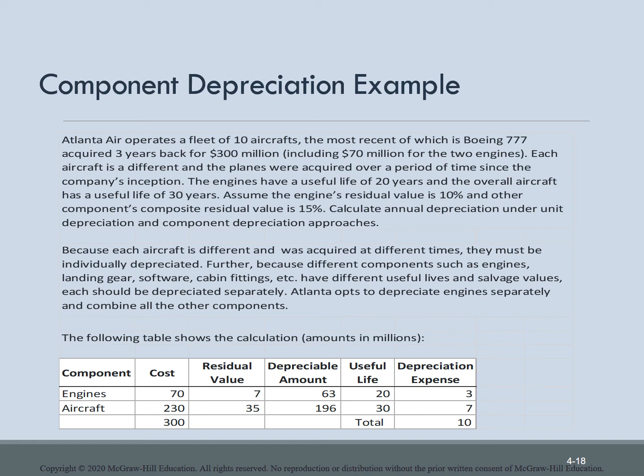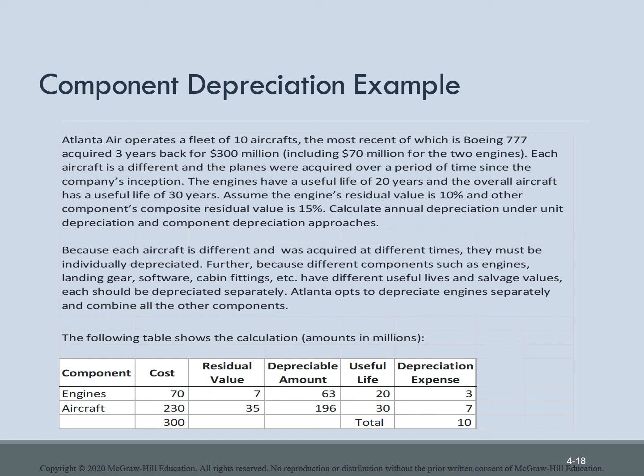The engines have a useful life of 20 years, and the overall aircraft has a useful life of 30 years. So we've got 2 significant components with different useful lives. Assume the engine's residual value is 10%, and the other component's residual value is 15% of cost. Calculate annual depreciation under unit depreciation and component depreciation methods.